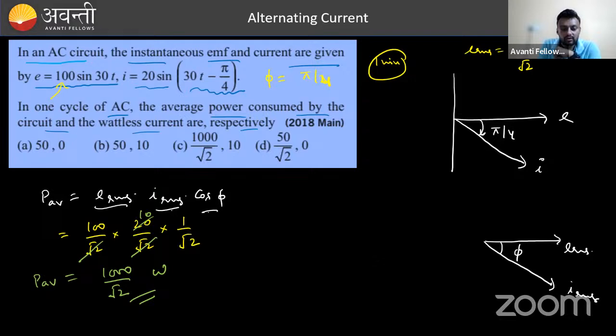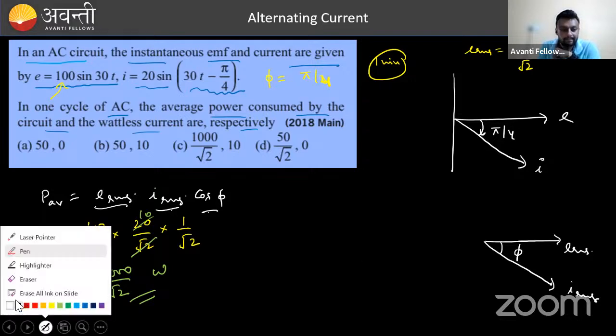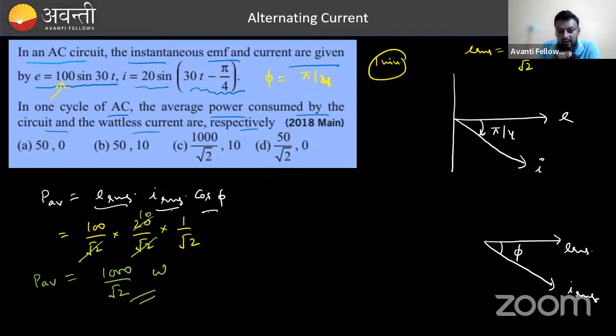So do you have a feeling that this P average can also be written as ERMS dot IRMS in the vector form?